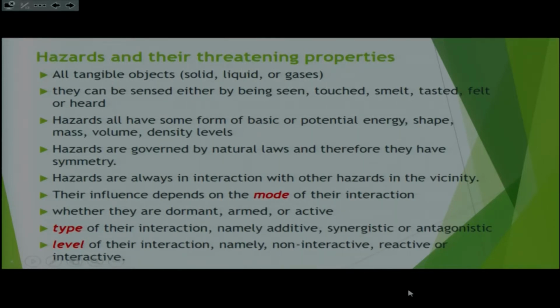Hazards are always in interaction with one another in the vicinity. Their influence depends on the modes of interactions, meaning whether they are dormant, armed, or active. The types of interactions, namely additive, synergistic, and antagonistic, and the levels of interactions, namely non-interactive, reactive, or interactive.